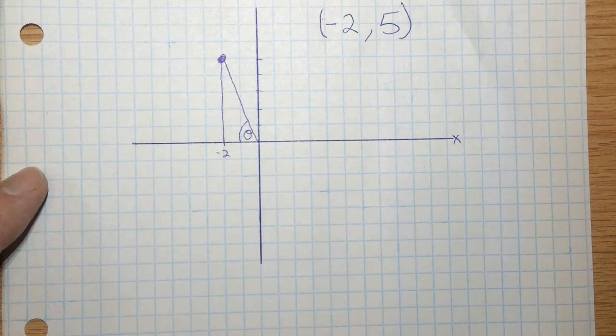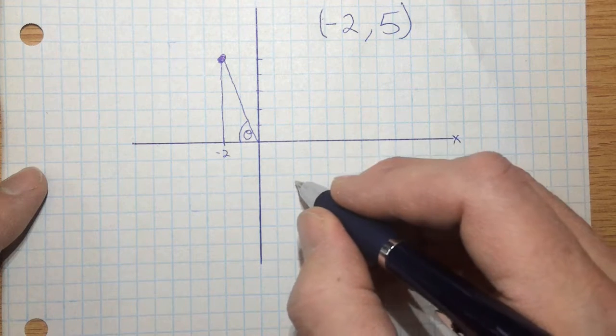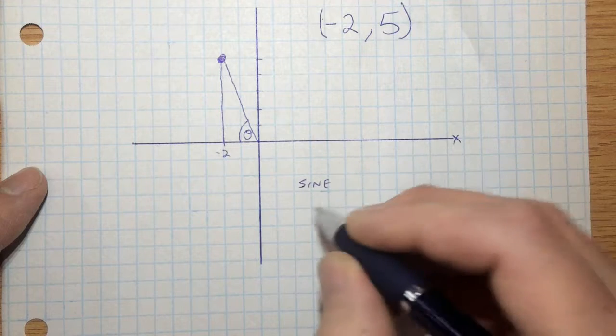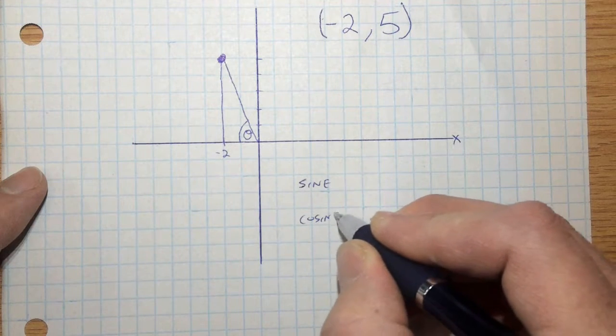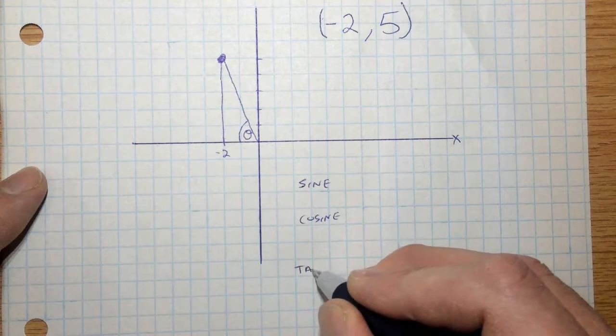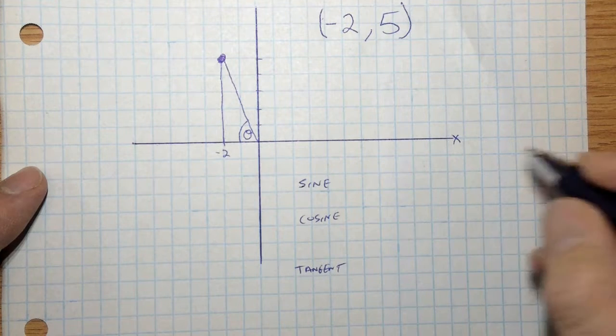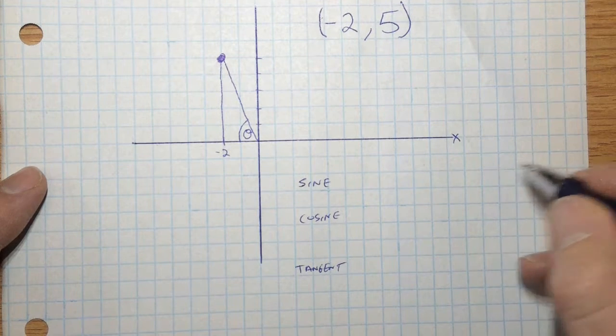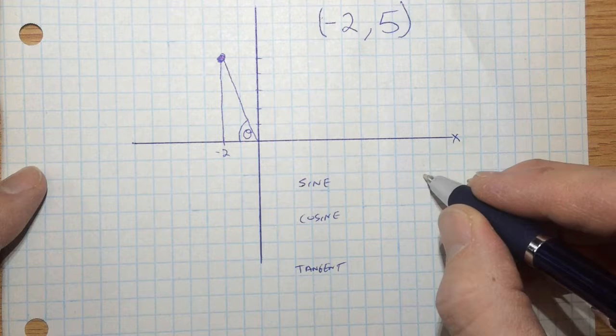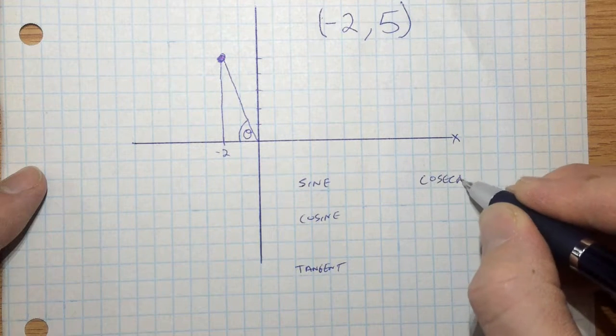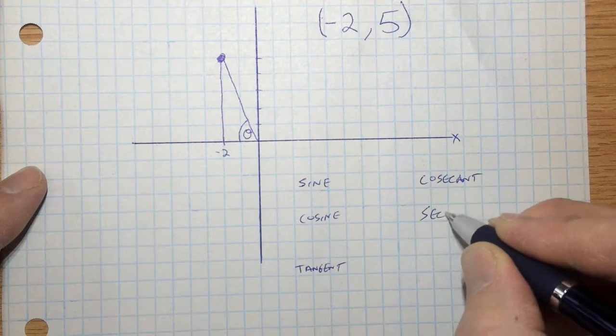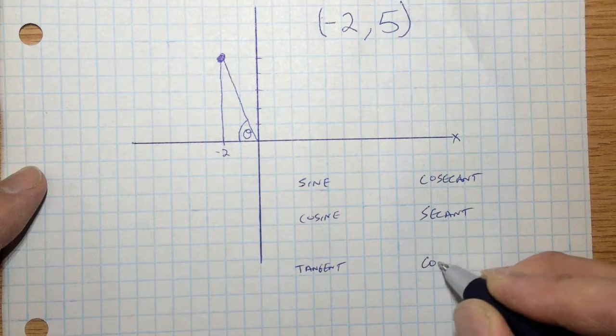All right, we want to find the 6 trig functions. The first is sine, the second is cosine, the third is tangent, and then we have their reciprocals, which are cosecant, secant, and cotangent.